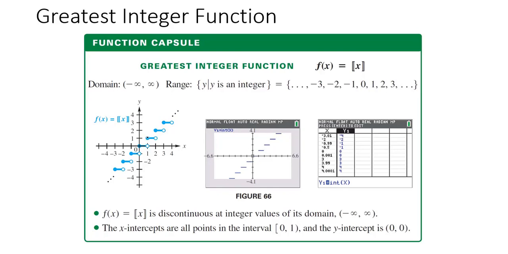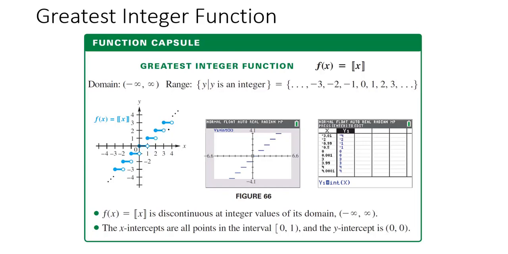All the way from 1, 1.1, 1.2, 1.3, all the values would be 1. When you jump to 2, 2 is an integer, so it would be 2, and then 2.1, 2.2, 2.3, and all the way to 3, the value would be 2, and so on.